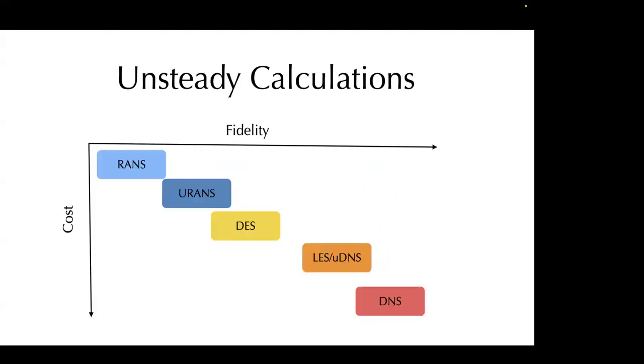Now, when we're talking about CFD, our ultimate goal, of course, is to solve some form of the Navier-Stokes equations in the vicinity of a complex geometry. And there are many different ways that we can do this with different levels of fidelity. The most expensive approach is a direct numerical simulation, or DNS, where you resolve all of the turbulence scales.